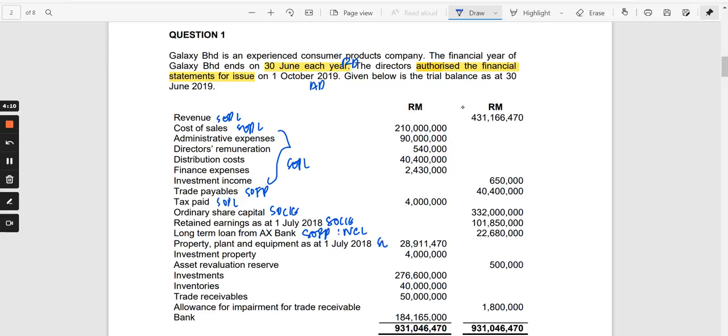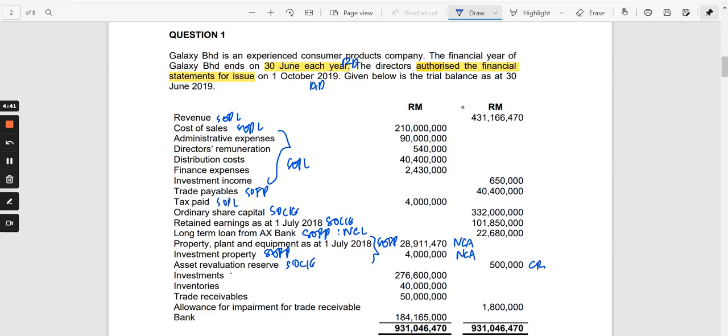Property, plant and equipment is your non-current asset. Non-current asset as well, those two items here, SOFP. Asset revaluation reserve will be in your statement of changes in equity. This is the previous balance, which is a credit balance, and it relates to assets that are subsequently measured using the revaluation model.